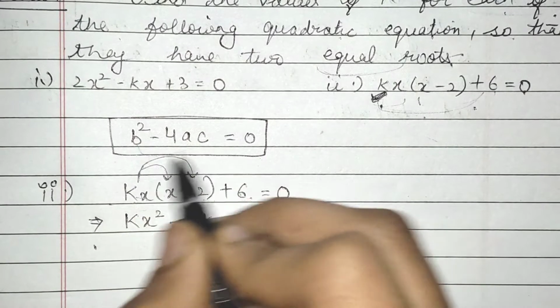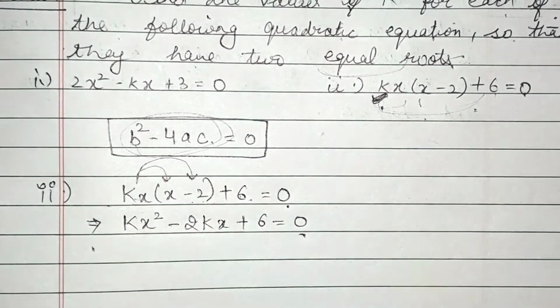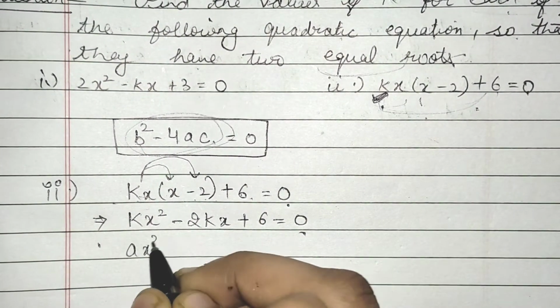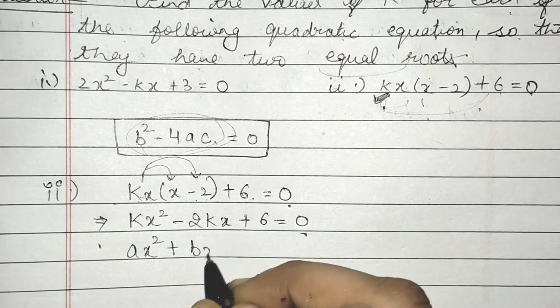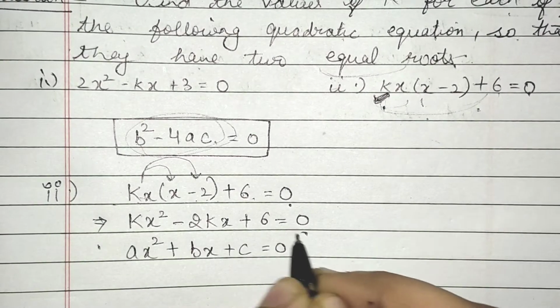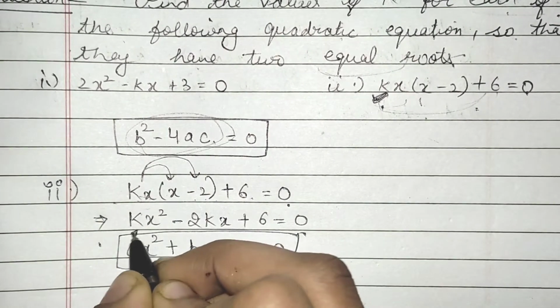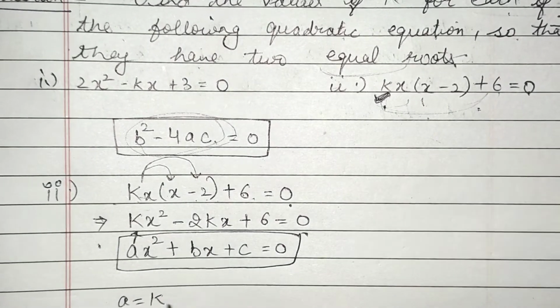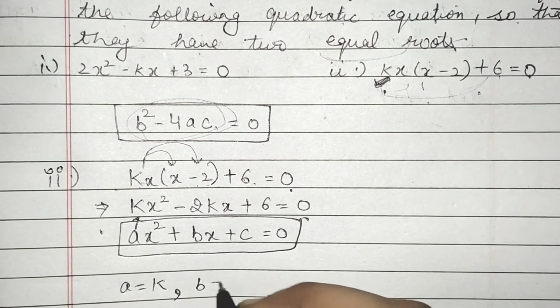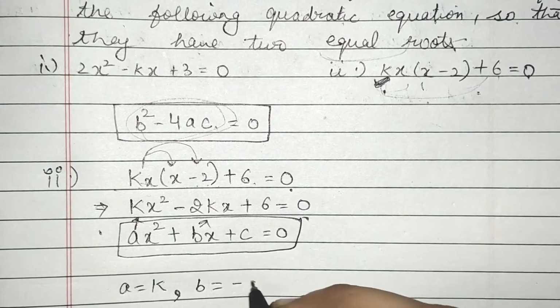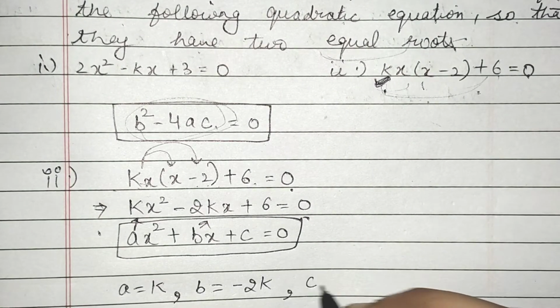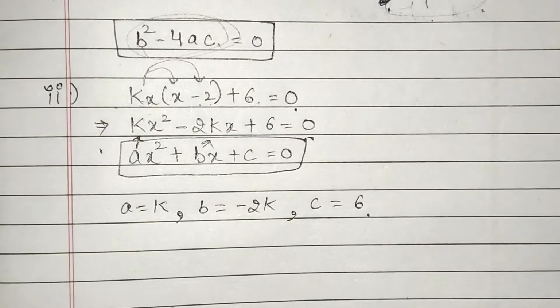To find this I need a, b and c. For that I will do comparison with ax square plus bx plus c is equal to 0. So a is equal to k, b is equal to minus 2k and c is equal to 6.